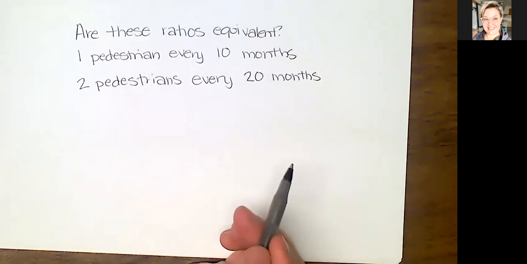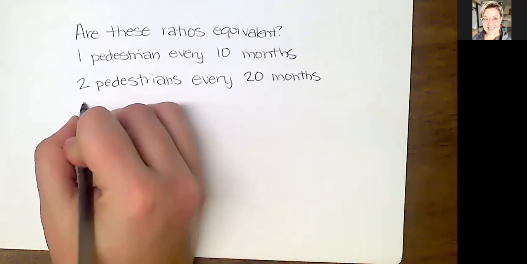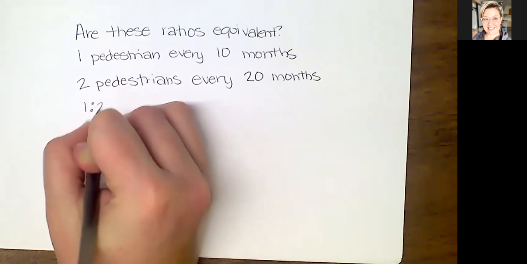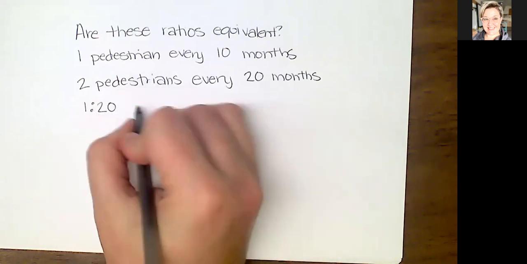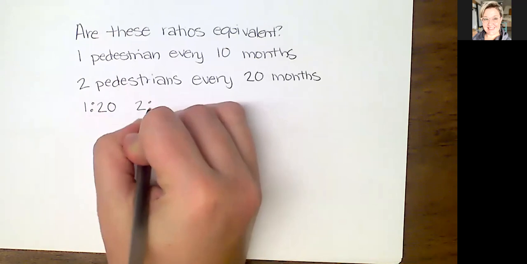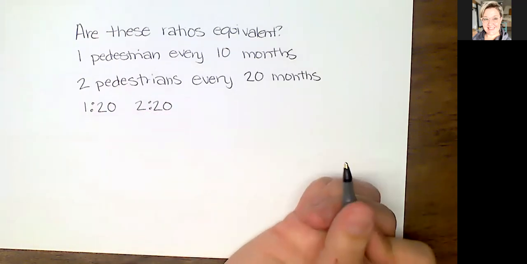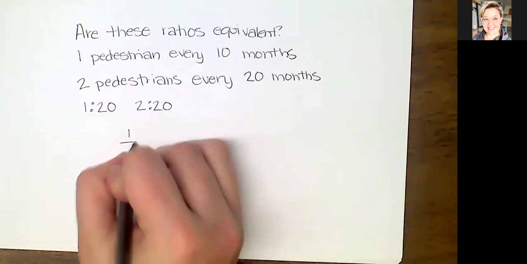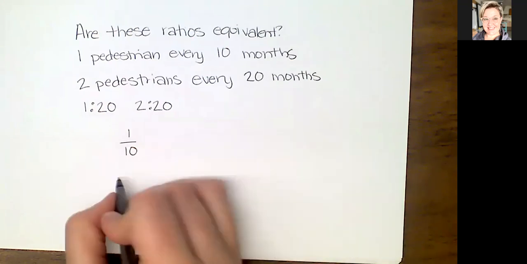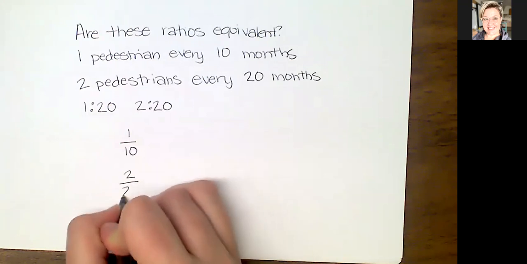So if we were to write those as ratios, they would be, is 1 to 10 equal to 2 to 20. So when we go to solve that, we're going to write those as fractions first. 1 over 10 and 2 over 20.